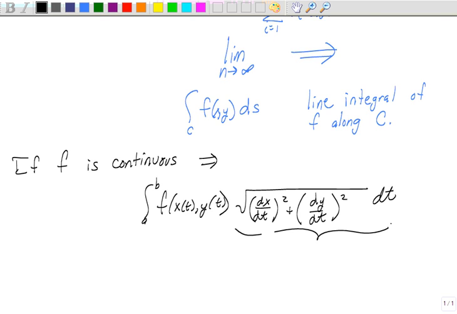And we can find the line integral of f along the curve C with respect to x.